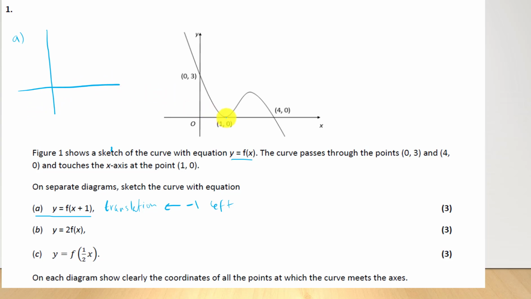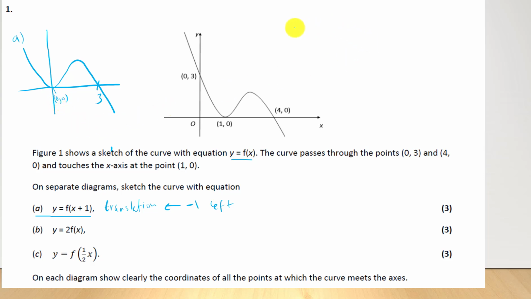So this (1, 0) will go to (0, 0). And that will be 3, that's (0, 0), and that should get you your 3 out of 3 marks.